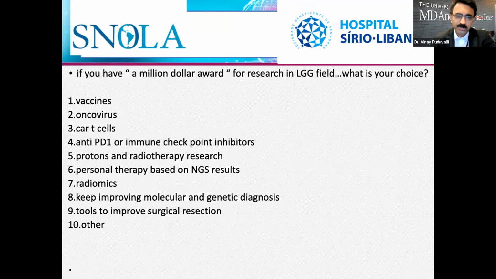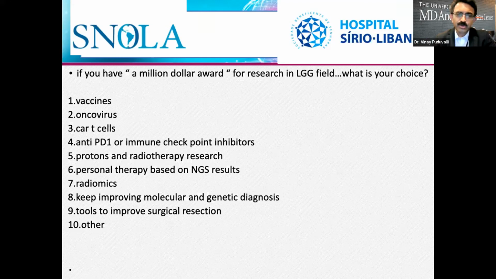So the IDH vaccine trial that Mike Platten and his group just reported, mid last year, looked at vaccination for IDH mutation. I think it's an interesting immune approach, and it's just a phase 1 trial. There are more studies going on. It will be interesting to see how that works.